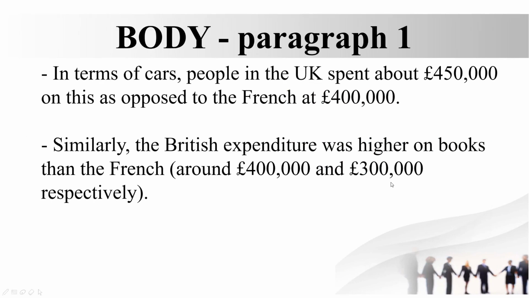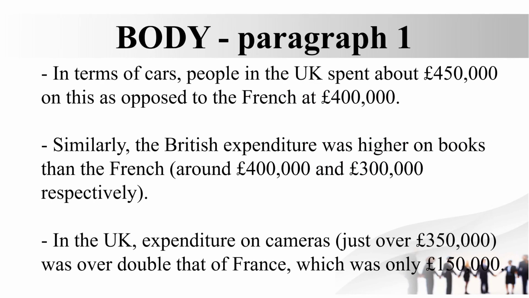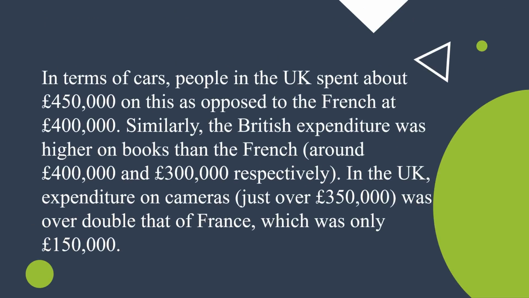So we have the last statement like this: In the UK, expenditures on cameras were just over 350,000 pounds, double that of France, which was only 115,000 pounds. Okay, that's the end of body paragraph 1. So we have the full paragraph like this.